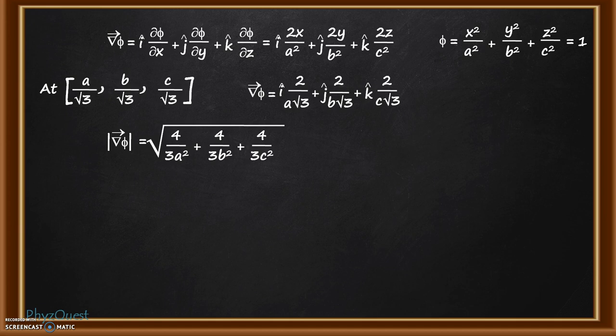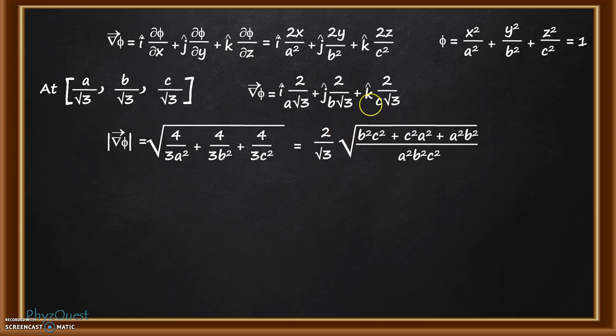Now if you take 4 by 3 common, this will be equal to 2 by root 3 times the square root of b square c square plus c square a square plus a square b square, divided by a square b square c square.